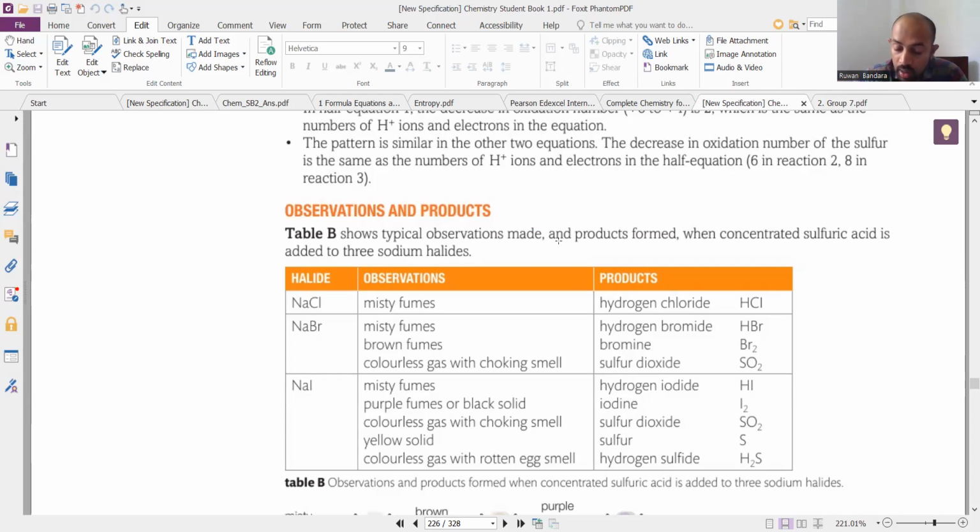Typical observations and products formed when concentrated sulfuric acid is added to sodium halides.